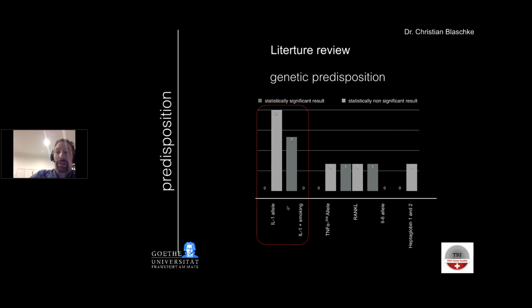It's probably not single factorial, but multifactorial. It would be interesting to see if smoking combined with hepatitis, or smoking combined with diabetes, would create a predisposition. So far, there are no studies out there having looked at it, so that's very new territory. But we know that in certain genetic types, smoking is a predisposition factor for peri-implantitis.